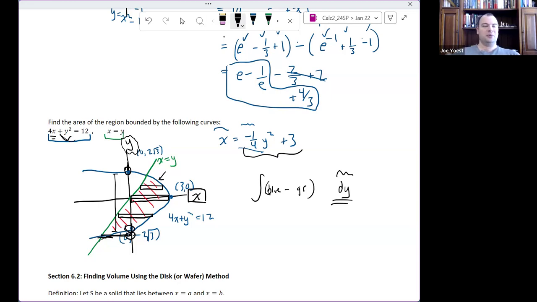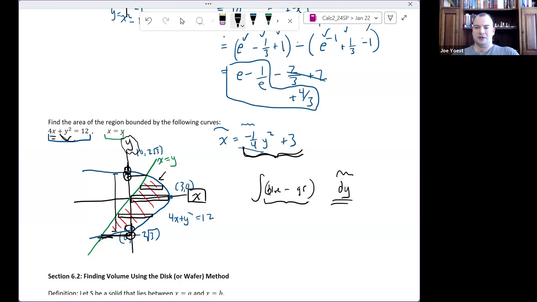And I also don't have to break it into two integrals. Over this entire region, I also circled the wrong upper bound. That's the upper bound. Over this entire region, blue is always bigger than green in terms of the dependent variable x. So I can do everything in one integral, and hopefully this function will be easier to integrate than doing it the other way.